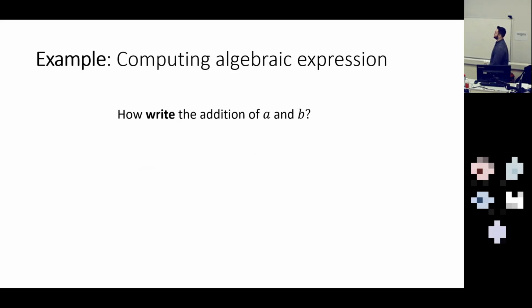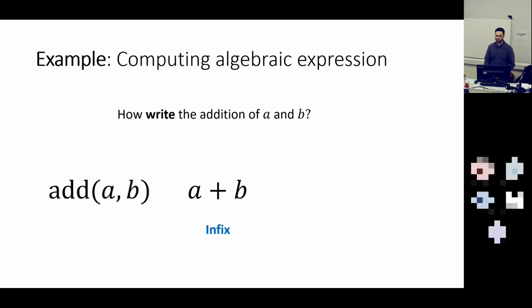As an example, I'll talk about how you can evaluate an algebraic expression using the stack data structure. When we're writing algebra, we can express the addition of 2 variables with just a plus b. This is just one choice of notation, and it's called infix. You put the operator in between the 2 arguments it's operating on.